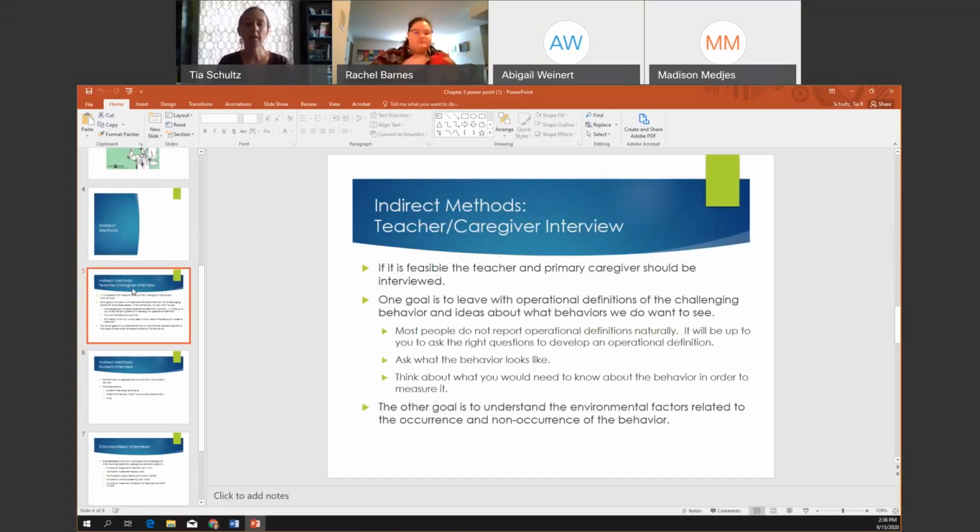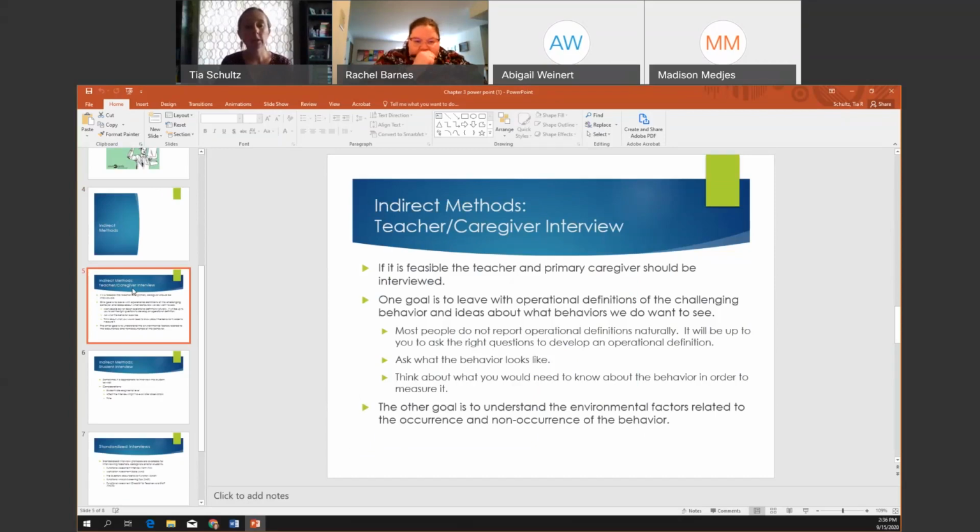So the primary indirect method you'll be using for an FBA, because you'll be teachers, will be to interview teachers and caregivers. And so when you are in your field positions and student teaching position, you would mostly be interviewing teachers, most likely.